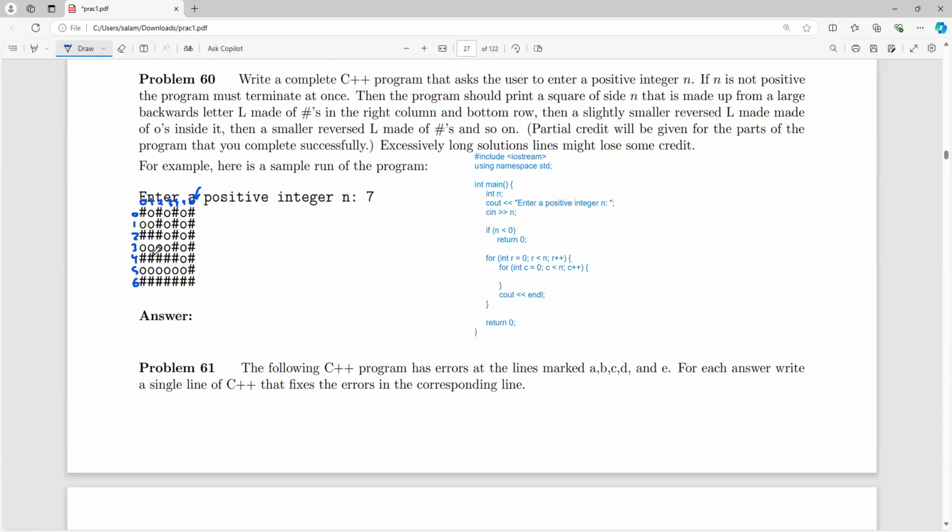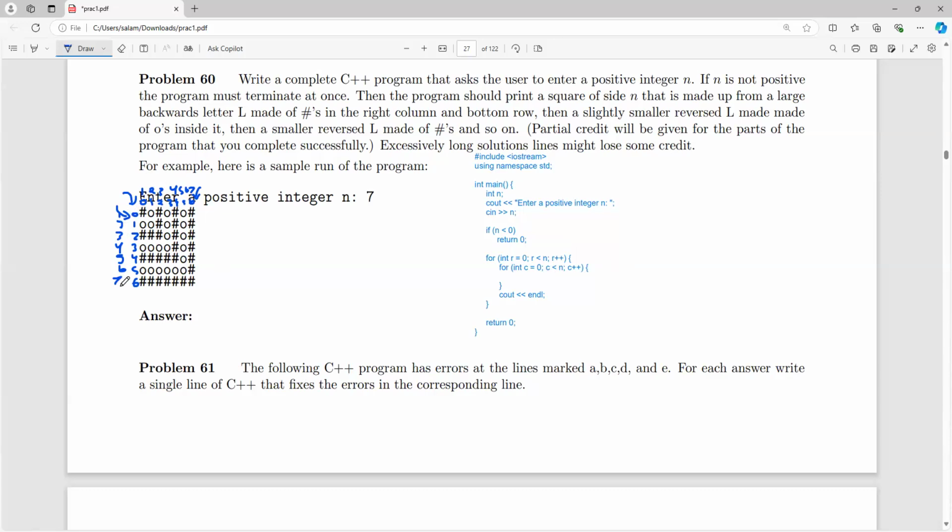So depending on where we start from, that'll impact whether we put less than or equal to. Say if I started at 1, that would change everything. This is 1, 2, 3, 4, 5, 6, 7.